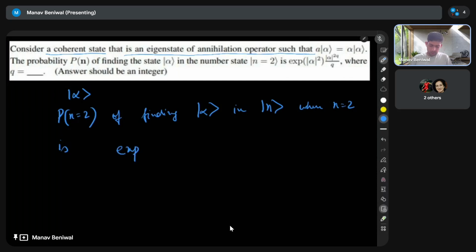There is a small typo here, so it will be e to the minus mod alpha squared, and then alpha to the power 2q by q factorial. And then what do we have to do? We have to basically find q.